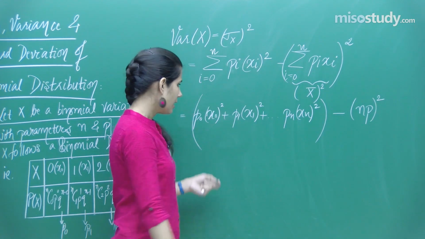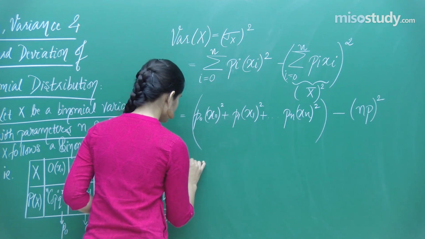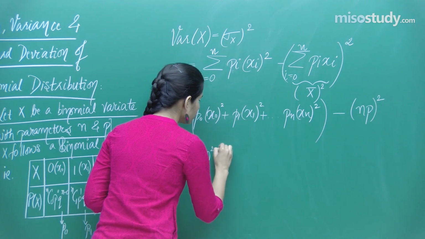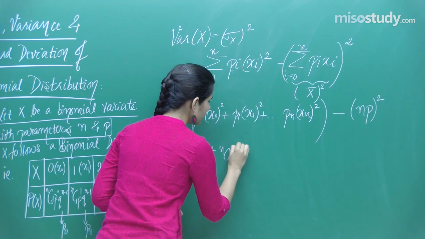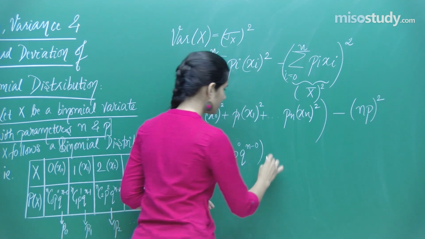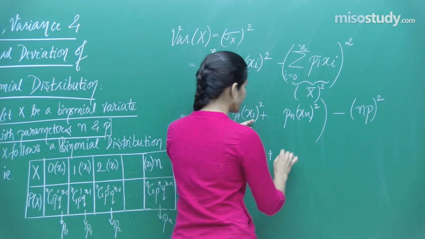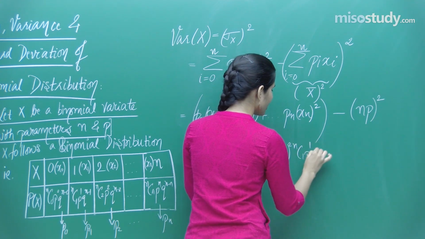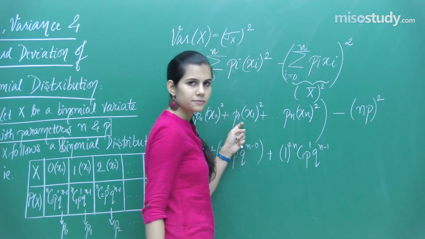Clear? Now over here see, what is x naught? X naught is 0. So you have 0 square into p naught, which is nc0, p to the power 0, q to the power n minus 0, plus x1 square, x1 is 1, 1 square, p1 is nc1, p to the power 1, q to the power n minus 1.